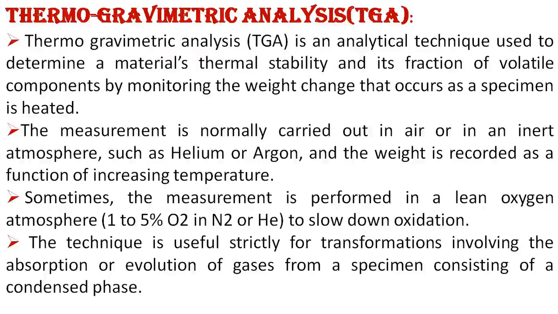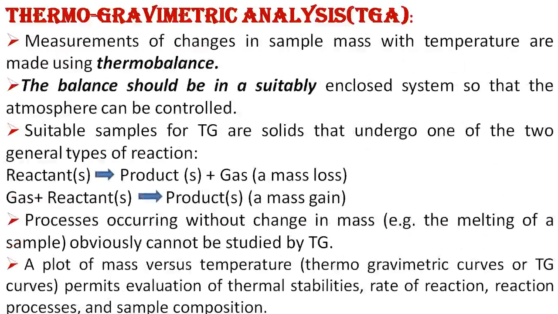Measurement of changes in sample mass with temperature is made using a thermobalance. The balance should be in a suitably enclosed system so that the atmosphere can be controlled. Suitable samples for TG are solids that undergo one of two general types of reaction.